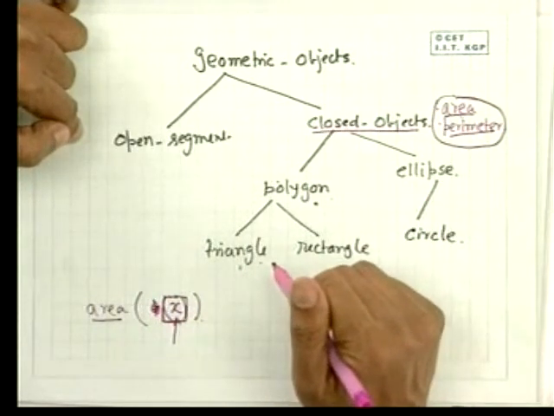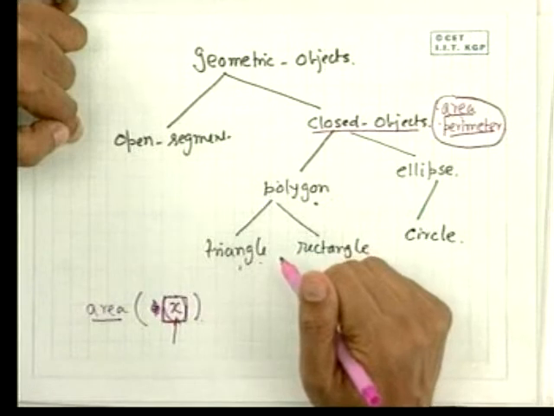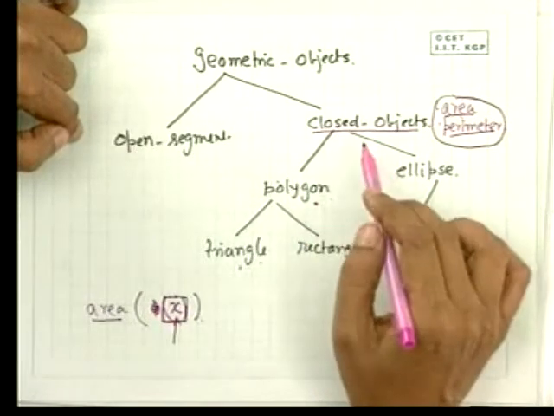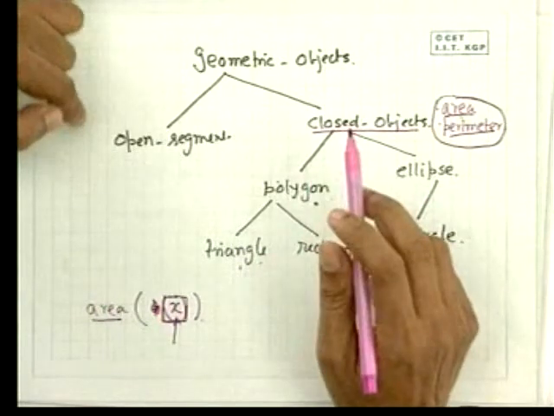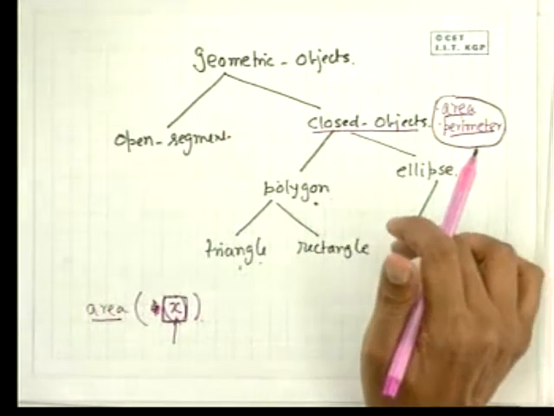Rather, depending upon the type of the object, the appropriate code or function is used for computing the area of that geometric object. And this is what is meant by polymorphism.